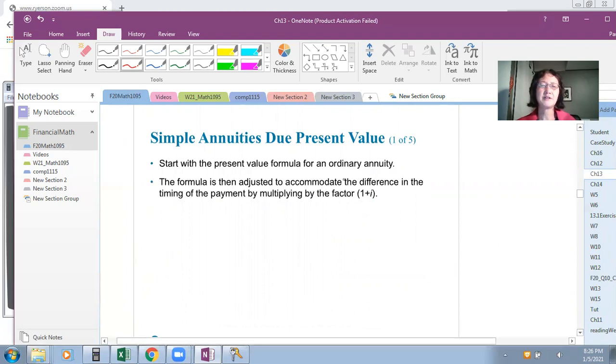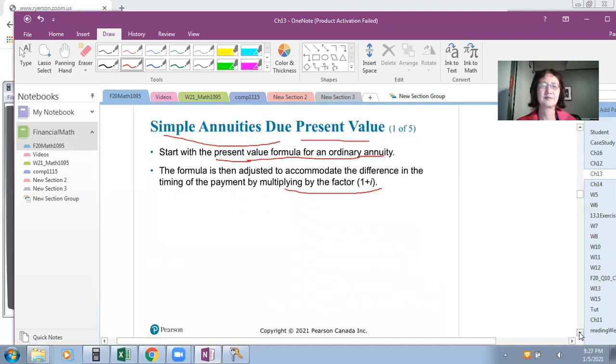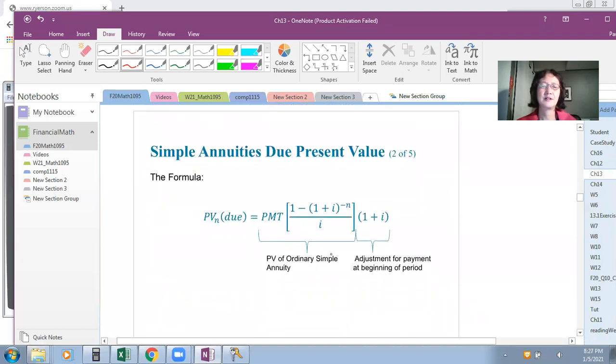For the present value, how do you calculate the present value for a simple annuity due? You can start with the present value for an ordinary annuity and then multiply by 1 plus I. So remember, this part is ordinary simple annuities. Ordinary means payment is made at the end.